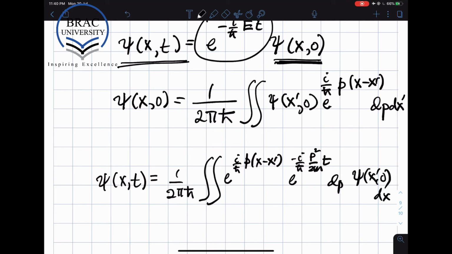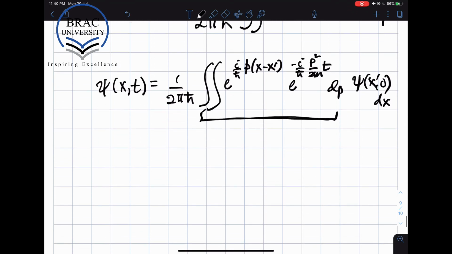So what we can do now is the p integral, and this is not a difficult integral, it's just an extension of the Gaussian integral. And if you do that, we can write this equation as an object which we are going to call the propagator, and what it does is it takes a solution at an earlier time to a solution at a later time.